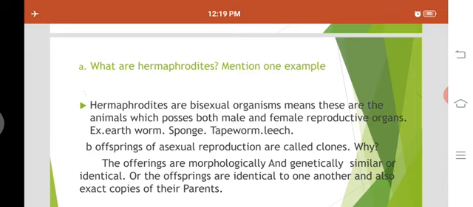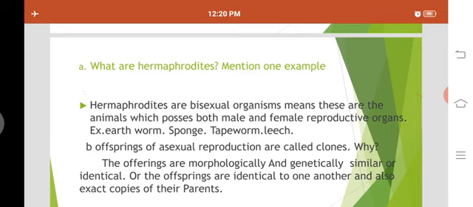What example can we give here? They have asked to mention one example, but I have given a few: earthworm, sponge, tapeworm, leech. Any one you write is more than enough. What answer do you write?